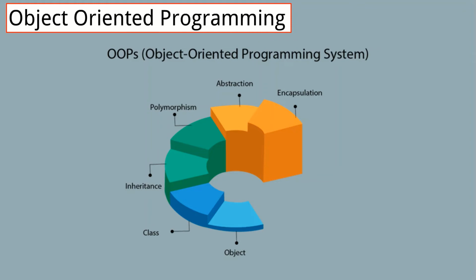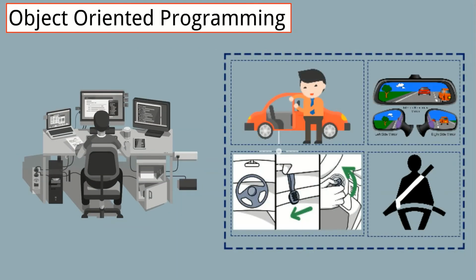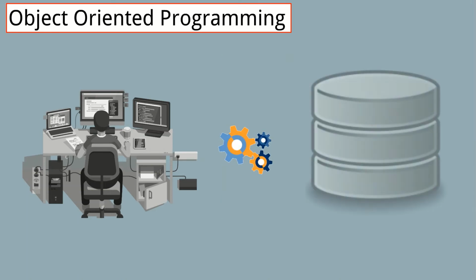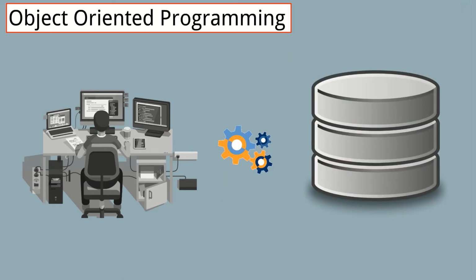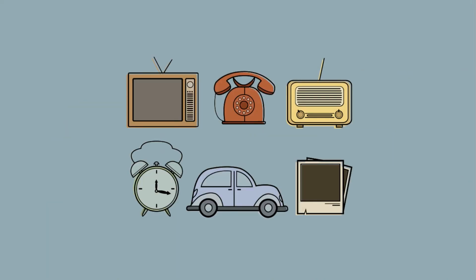So object-oriented programming is a way of writing computer programs that focuses on organizing and managing data by grouping it together with the code that operates on the data. Or in simple words, it treats everything in a program as objects that have their own unique characteristics and behaviors.